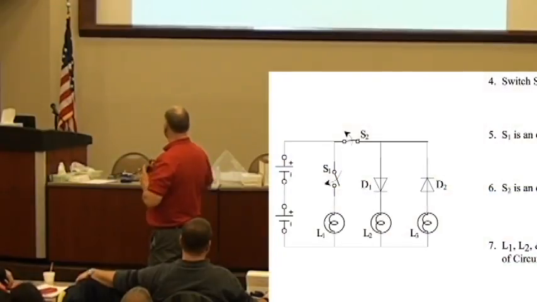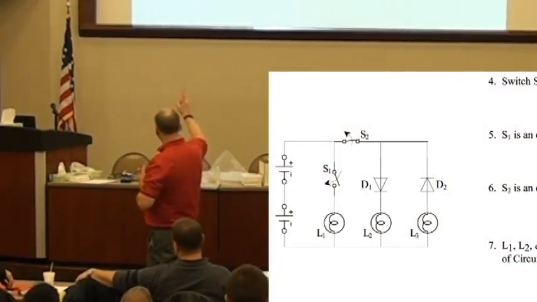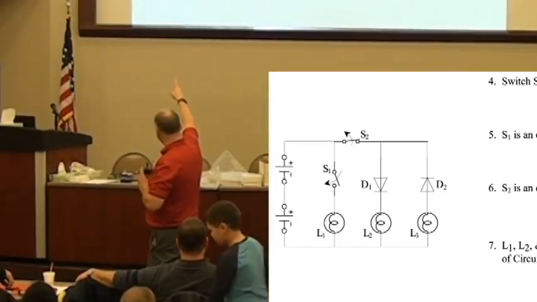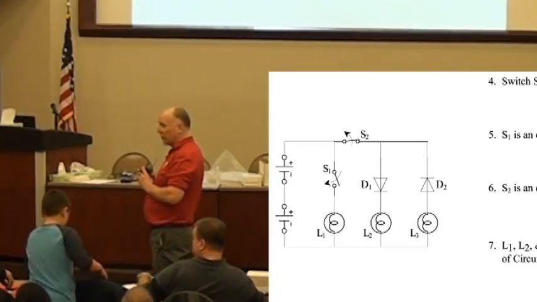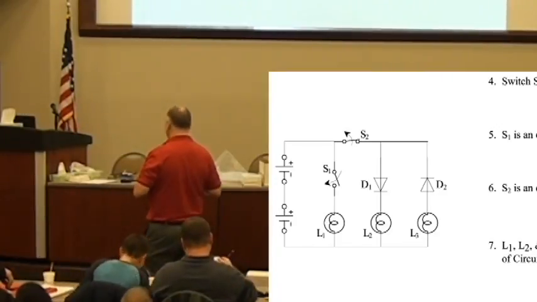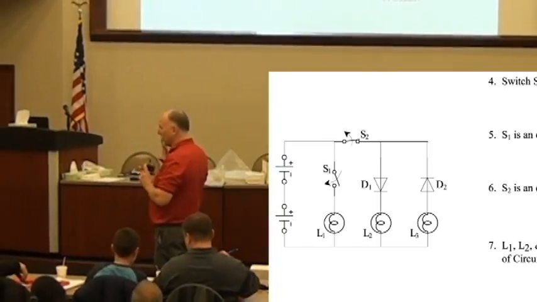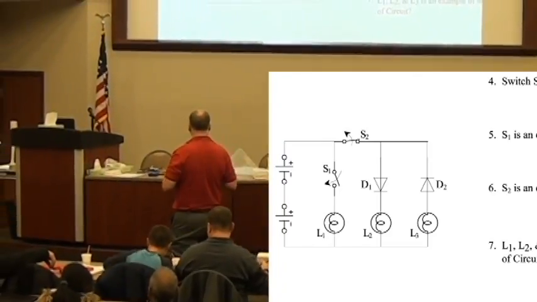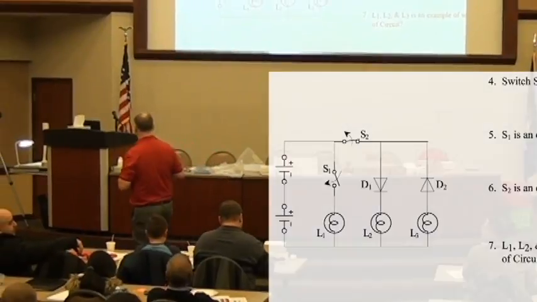So just to be clear, what are the two lights that light up on this one? As shown right now, only L2 would light up. L1 would light up if S1 closes, okay? So there's an open circuit there. Again, it's really complicated, but there are three different important points that I want to show in one drawing, okay?